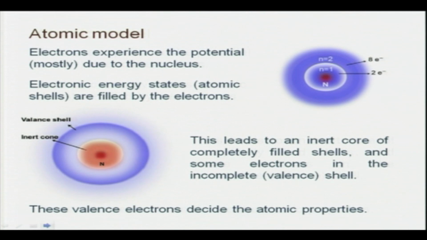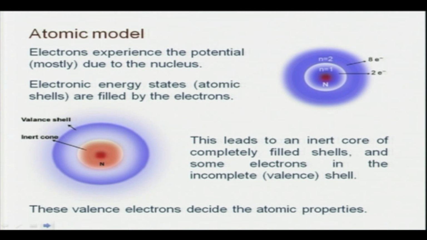So, in any atom, some of the shells are filled completely and there are other shells which are not filled completely. The shells which are completely filled are called the inert core, and the shell which is incompletely filled is the valence shell.